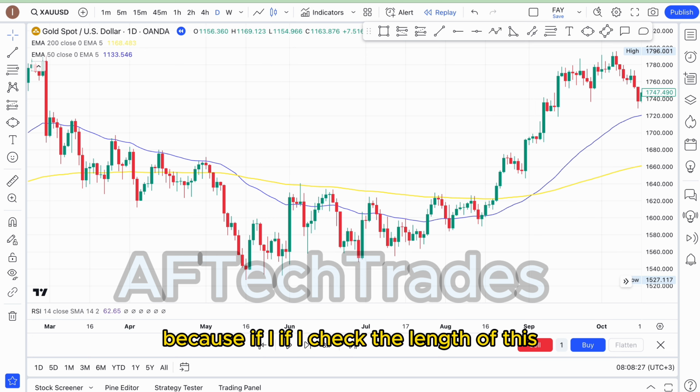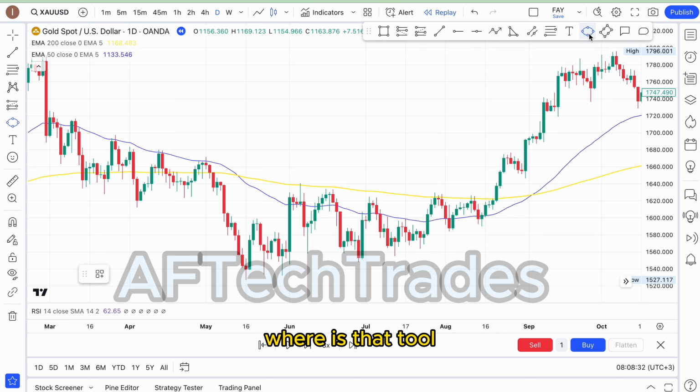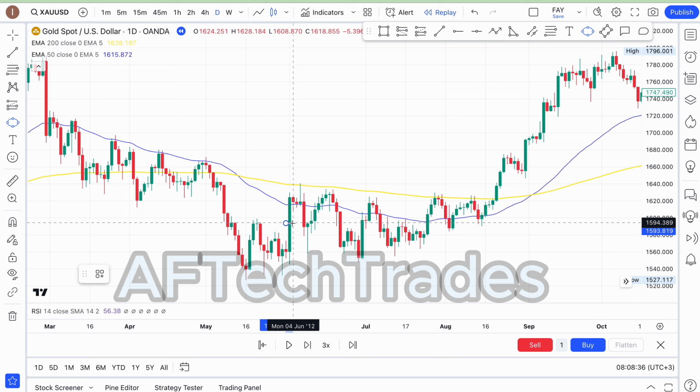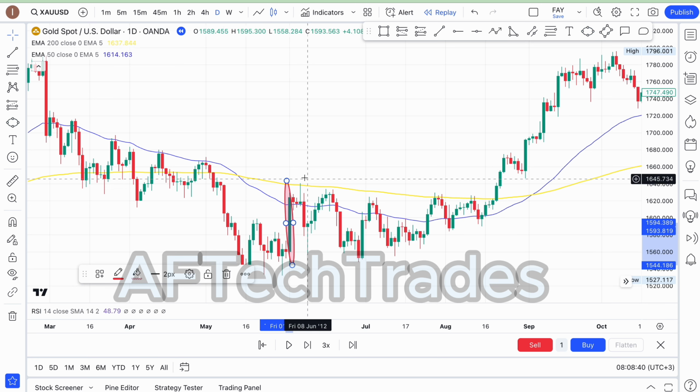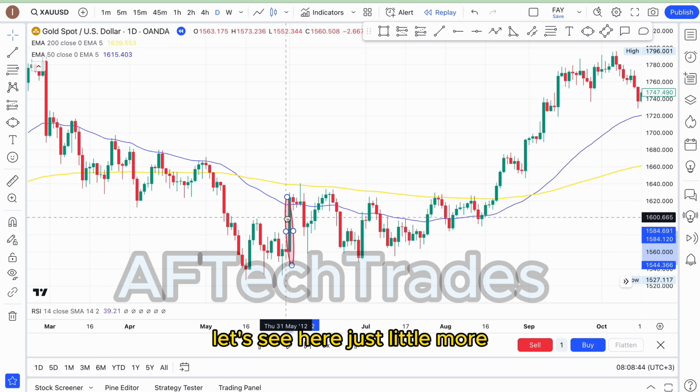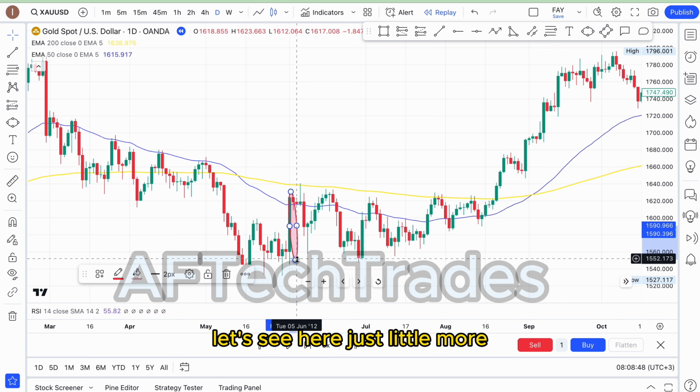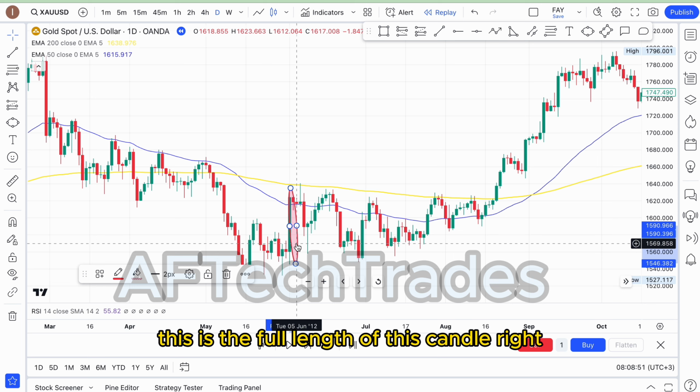Because if I check the length of this, where is that tool? Yeah, just a little more. This is the full length of this candle, right?